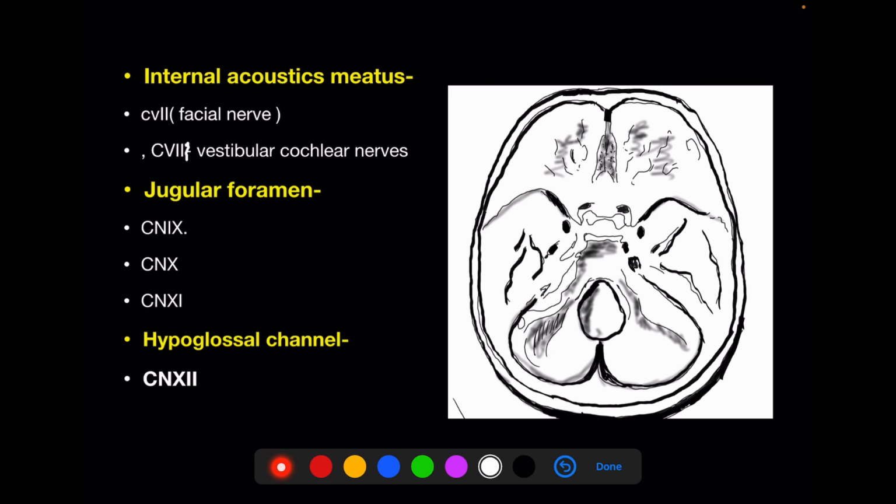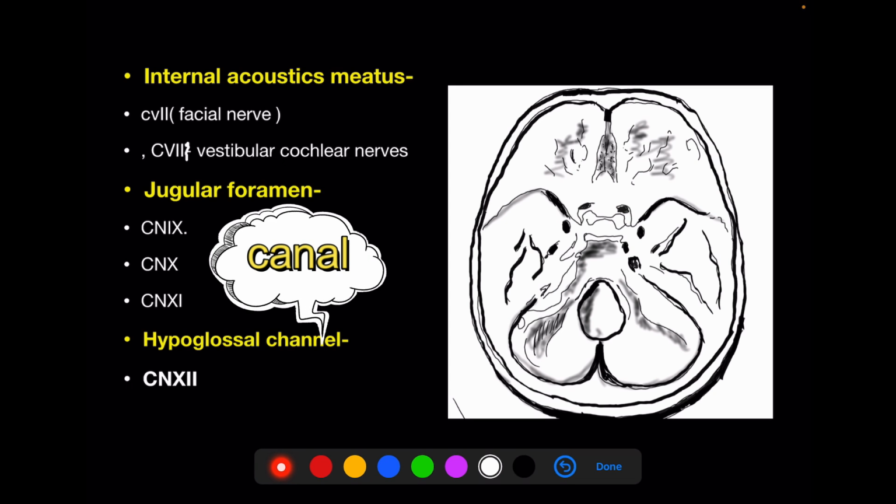And jugular foramen transmits cranial nerve 9, cranial nerve 10, which is vagus nerve, and cranial nerve 11. And last, that is hypoglossal canal, which transmits cranial nerve 12.